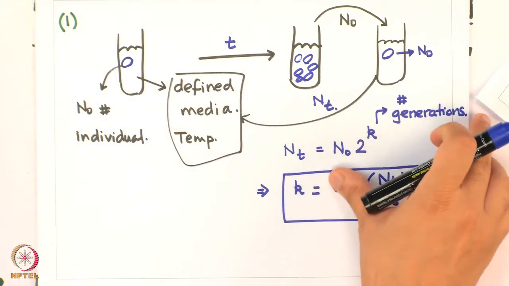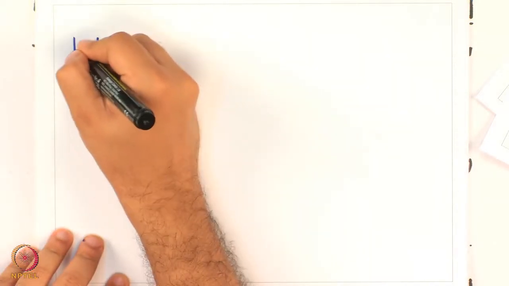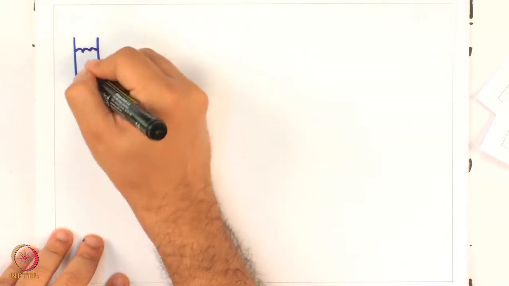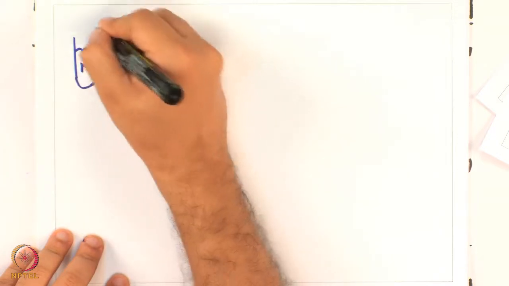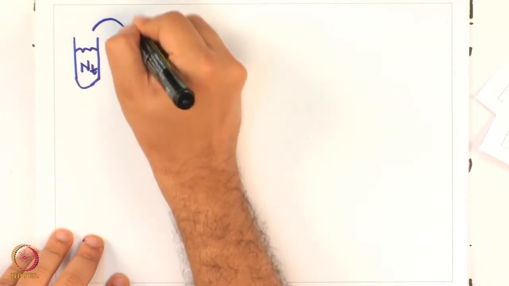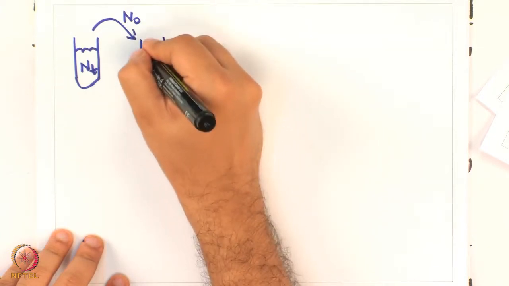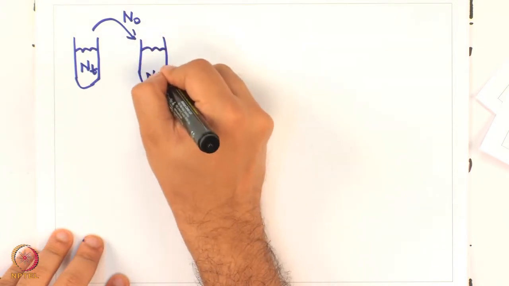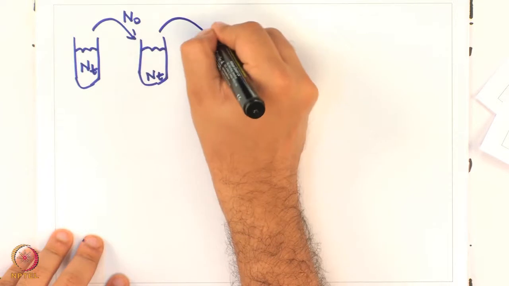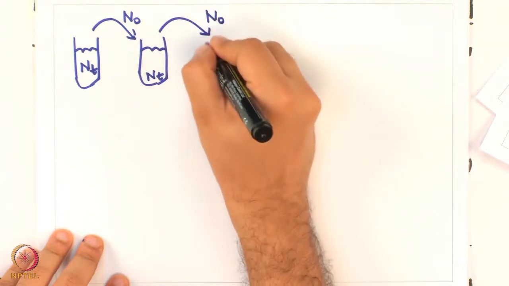And what is going to happen in this experiment, this experiment can be simply represented by: you have tube number 1, growth takes place, number goes up to nt, you transfer n naught to tube number 2, growth takes place and it goes to nt, again you transfer n naught, and so on and so forth.